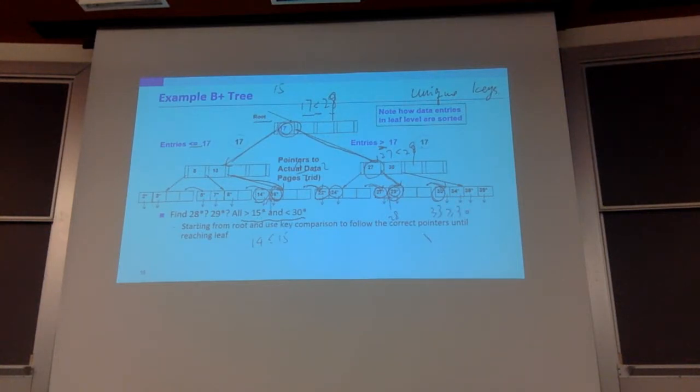So that means basically your scan should end, because everything afterwards will not be smaller than 30. Right? That's how you do two-sided range search using the B tree.